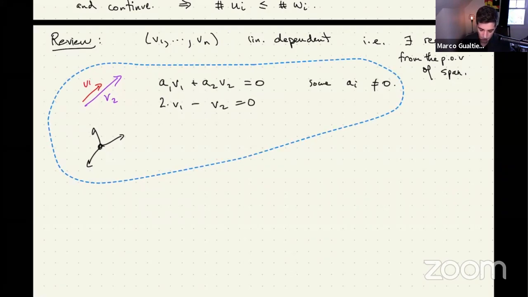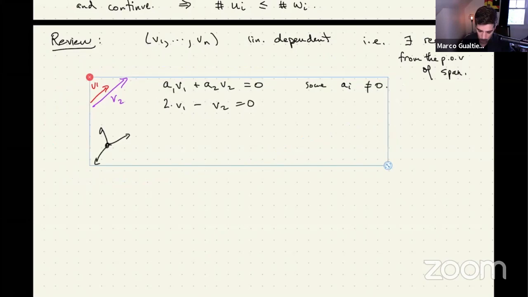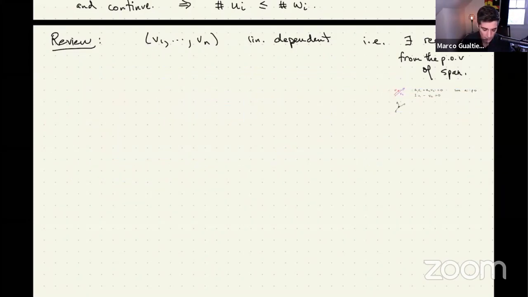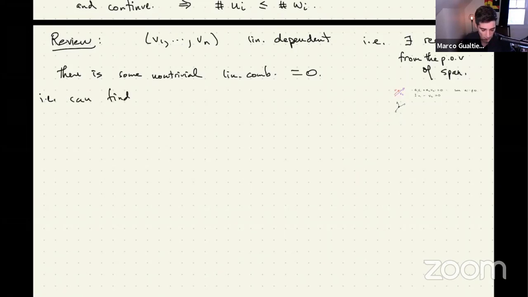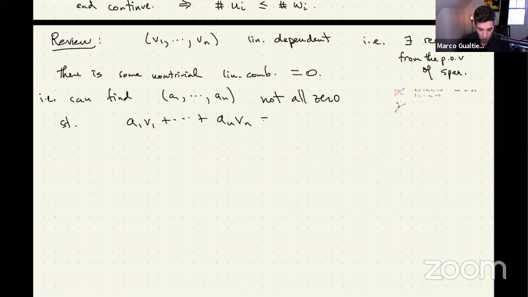So this condition of linearly dependent means that there is some non-trivial linear combination which equals 0. In other words, we can find a_1 up to a_n, not all 0, such that a_1 v_1 plus a_2 v_2 all the way up to a_n v_n is equal to 0.